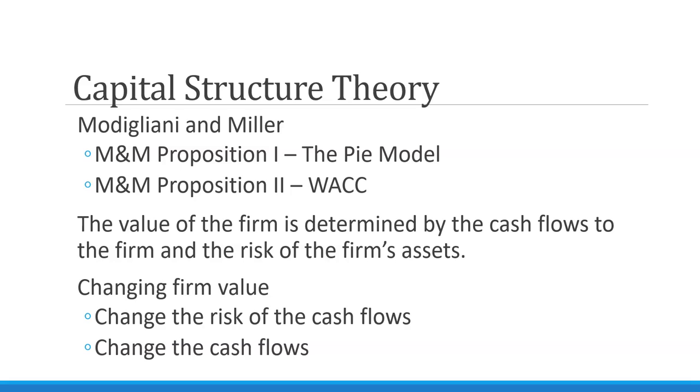The M&M Proposition 2 shows that as we take on debt, the required rate of return on equity grows because the risk to shareholders gets greater as we increase the amount of leverage of a firm. So we can break down the cost of equity into two components. The first being the required return on the firm's overall assets, and then the second on the nature of the firm's operating activities. So this comes down to what is called the difference between business risk and financial risk. Financial risk is increased by taking on debt financing to pay for our company.